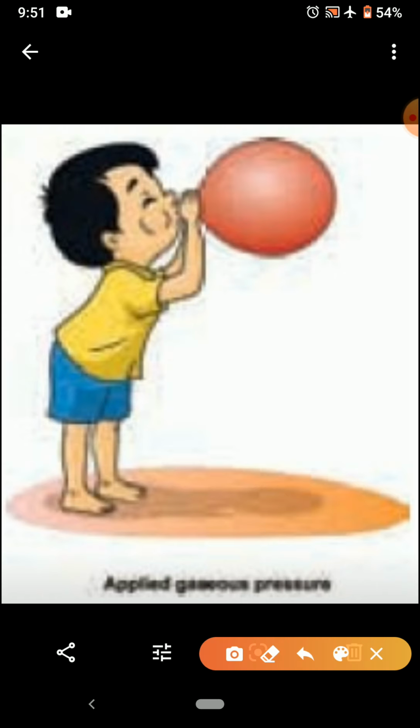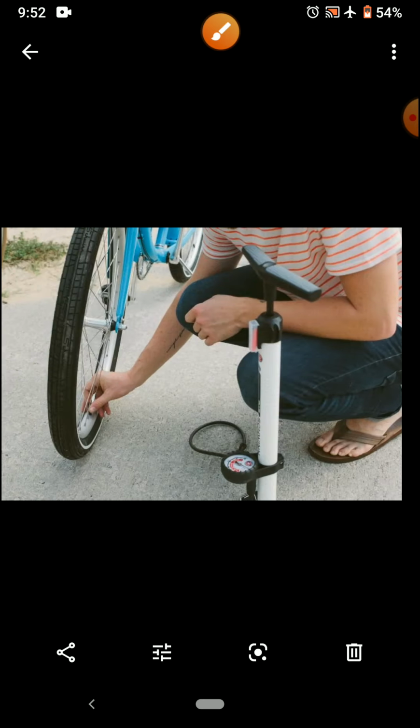So you can see that it is because of the pressure exerted by the air on the walls of this rubber balloon.